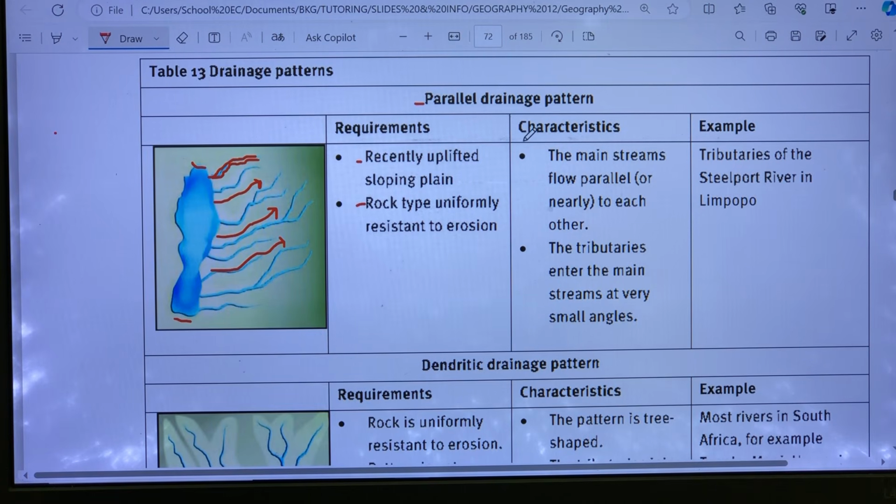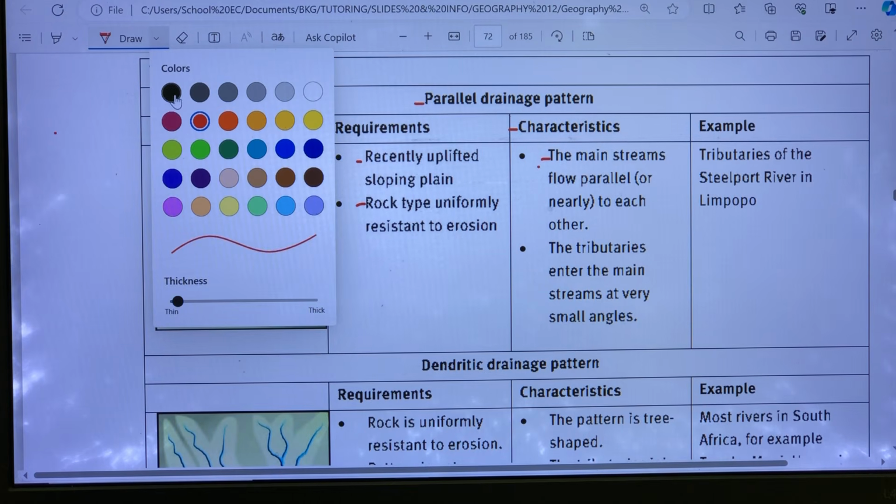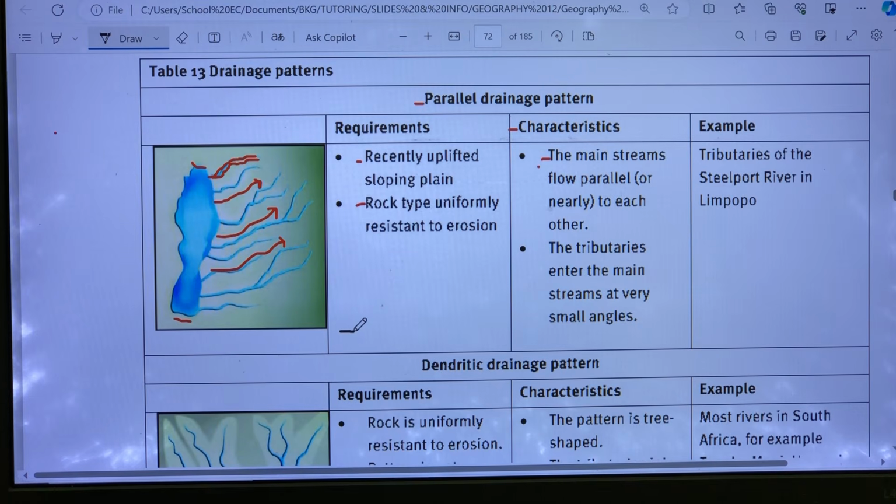So let's move to characteristics. When you talk about the characteristics of a parallel drainage pattern, the mainstreams flow parallel to each other, or they are near to each other, okay? What does that mean? Let me make a drawing of the landform. Let's say we have a landform like this.